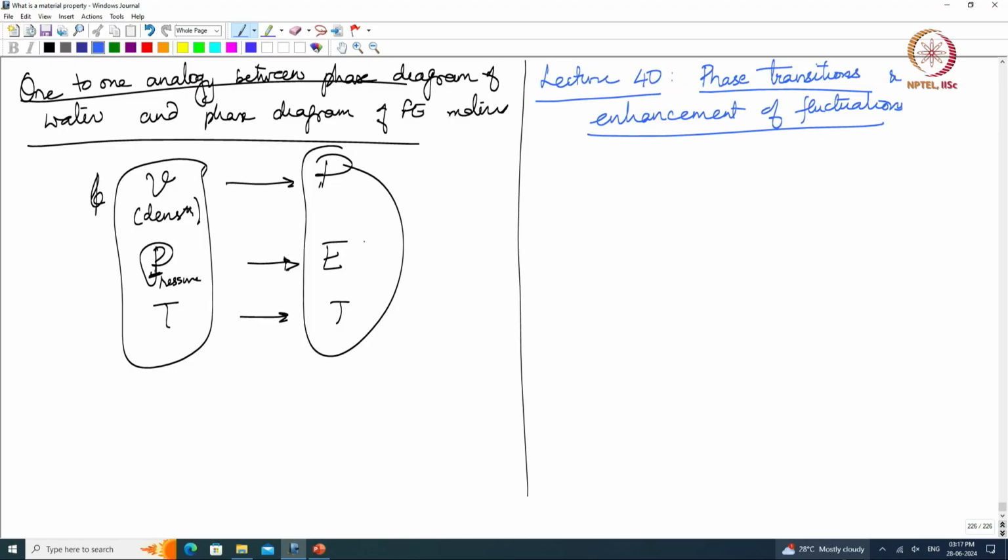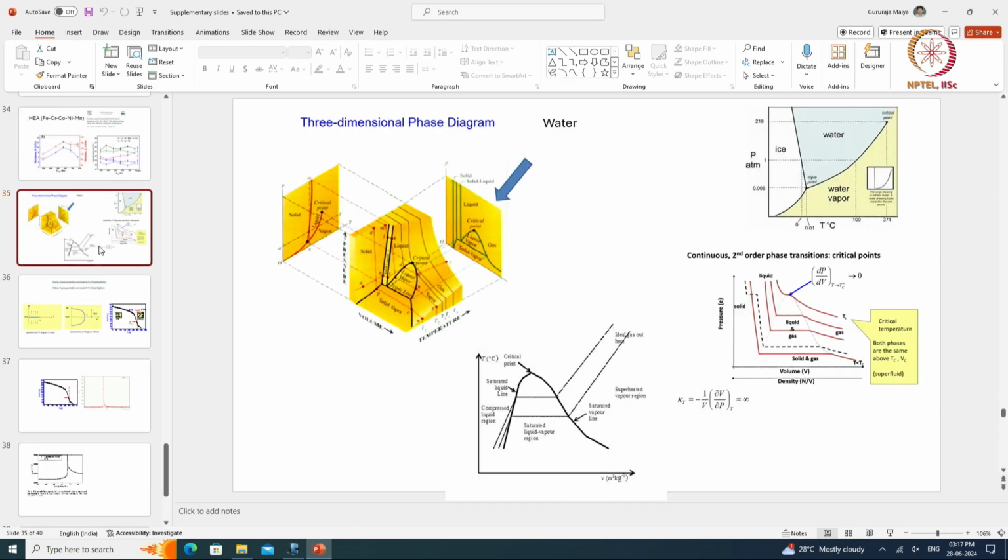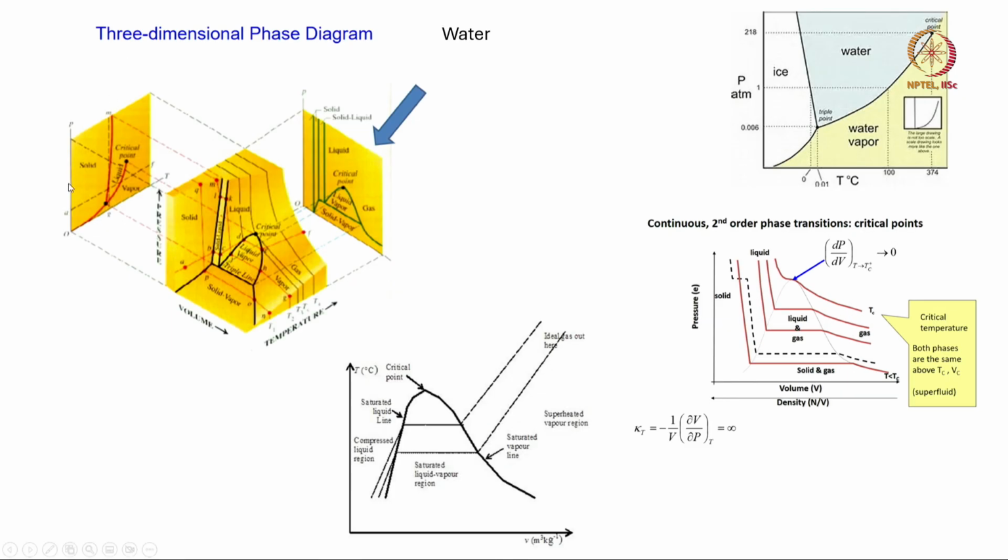Now the question is, to enhance these properties, we stopped at a point where we said the phase diagram of water and the phase diagram of a ferroelectric or a ferromagnetic material are quite analogous, right. So in water I have the pressure axis, the volume axis, and the temperature axis, and the phase diagram looks a bit complicated with all the different isotherms and isobars and things like that.